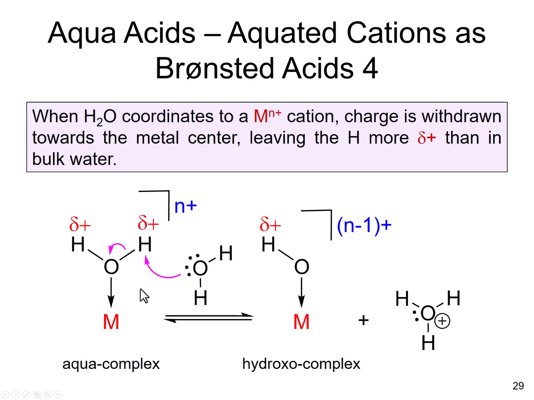This is your aqua acid, and so after occurrence of this first deprotonation, you essentially convert this water molecule, which was initially bound to the metal ion, to a hydroxo species, and you generate your hydronium ion. So you convert essentially an aqua complex into a hydroxo complex.